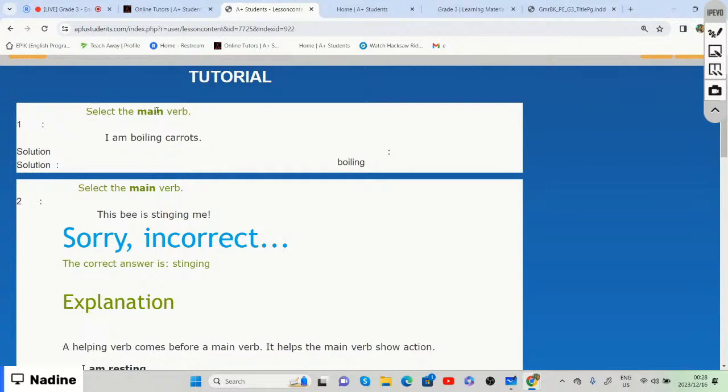All right, so now we're going to select the main verb within the sentence. It says, I am boiling carrots. What is the main verb within this sentence?